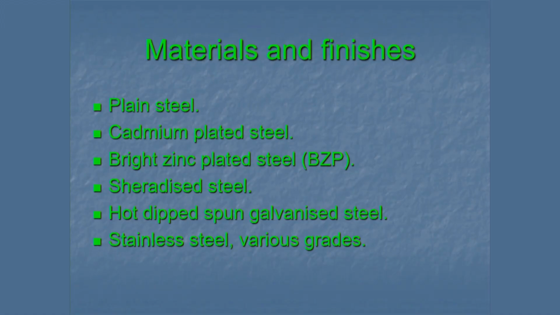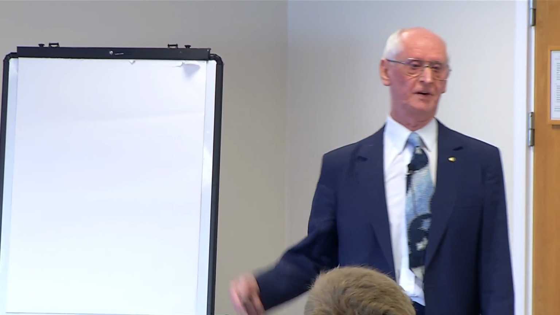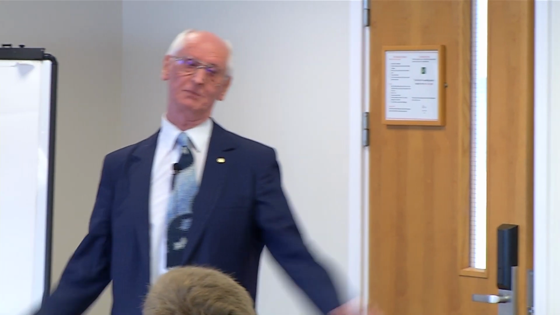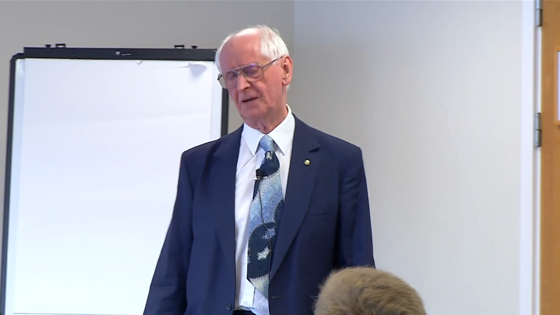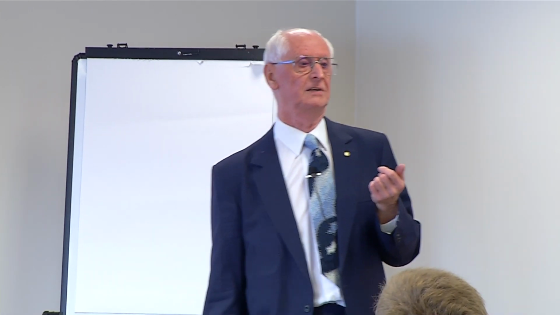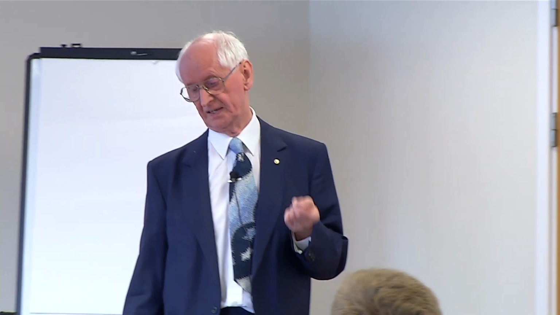And stainless steel. Now you get various grades of stainless. When I started, it was 304, 316, or various other specialist ones. Now it's A2 and A4, just because they want to change the designation. But there we are. You can generally see stainless because it looks a bit different. It's a slightly greyer colour to what you would see in some of the light coloured zinc plated stuff.